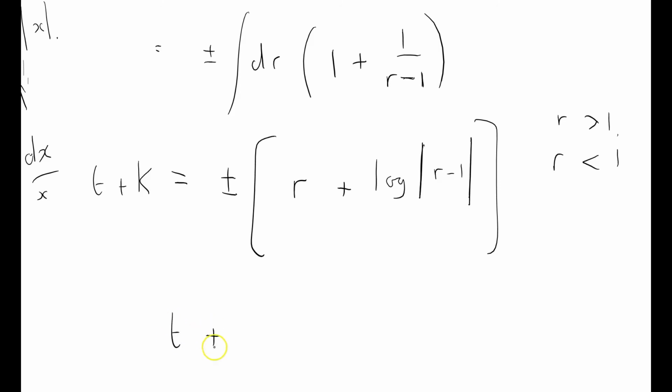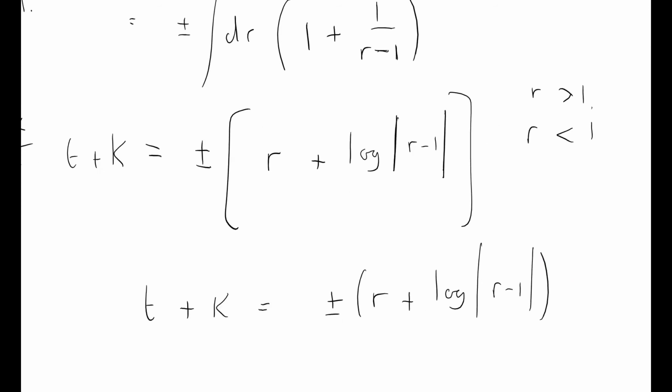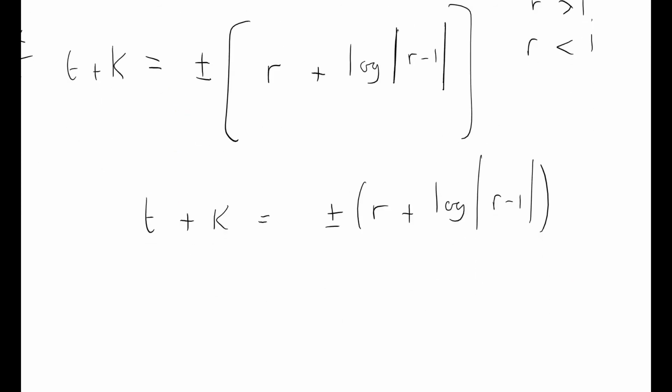So t plus k, for the constant of integration, is plus or minus r plus the log of the modulus of r minus 1, whether r is greater than 1 or less than 1. And that specifies the path of null geodesics.